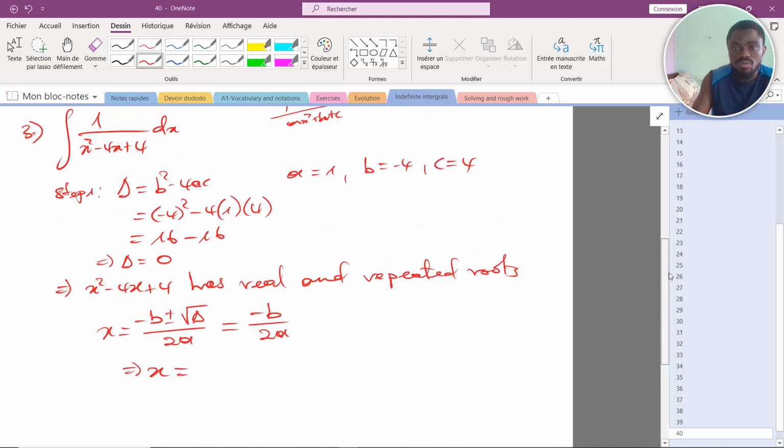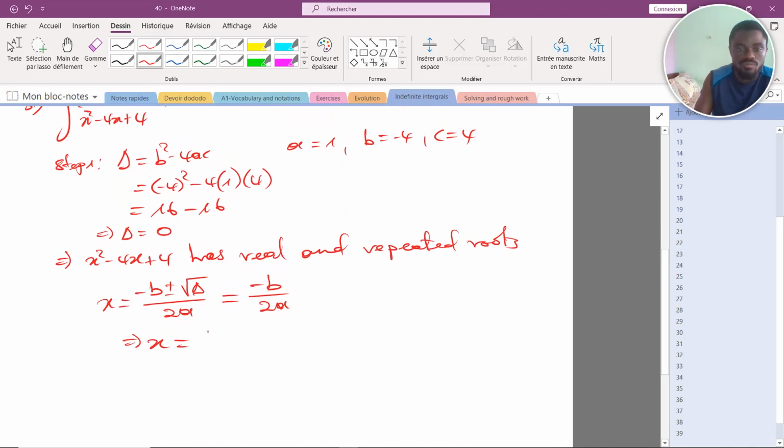So that repeated root x will be equal to minus b. What was our b? Our b is minus 4. So we have minus of minus 4 all over 2a. a is 1. So our x will be equal to 4 divided by 2, which is 2.